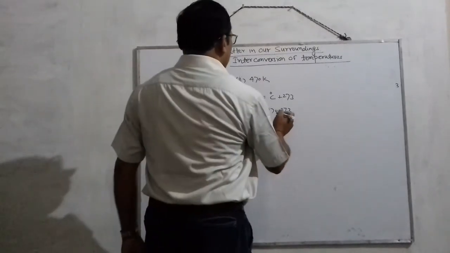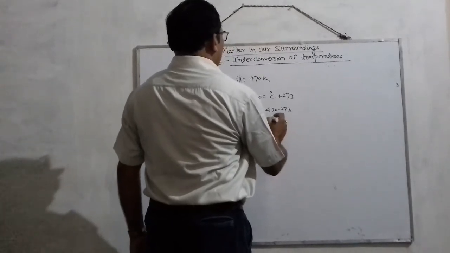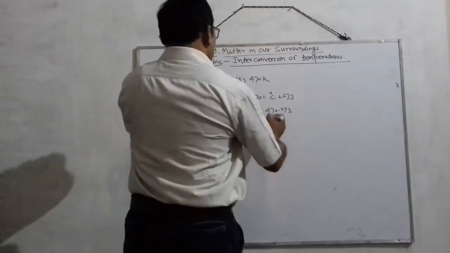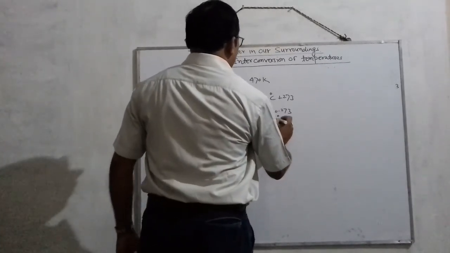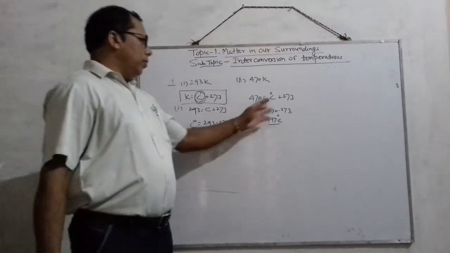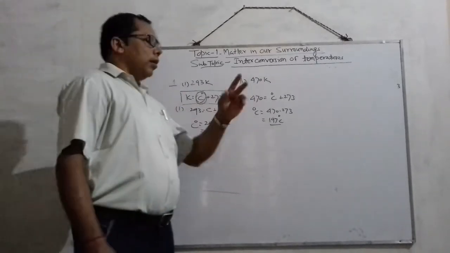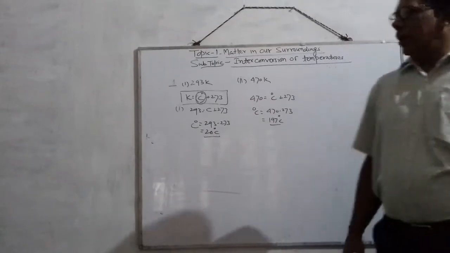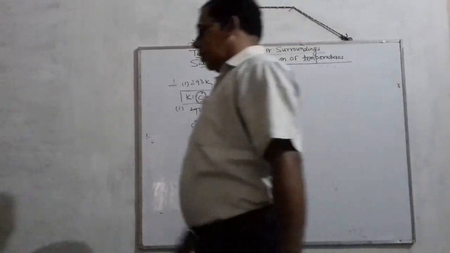That is 197 degrees centigrade. So by this method you can find the Celsius value of this temperature.